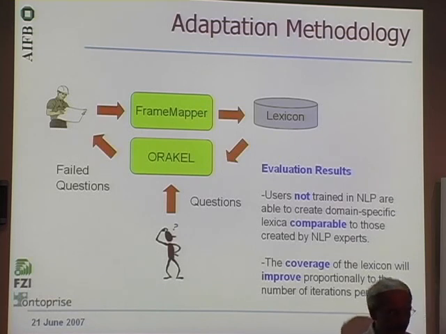Yes, to some extent, but the good message is that the lexicon generated by people who have just very limited training in computational linguistics still has good quality. So it's comparable, not on the same level, but it's a quality that you can really exploit in the end.